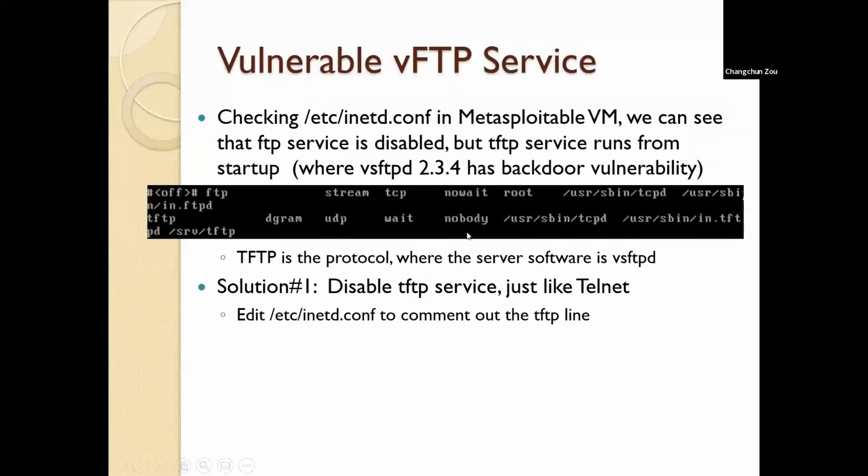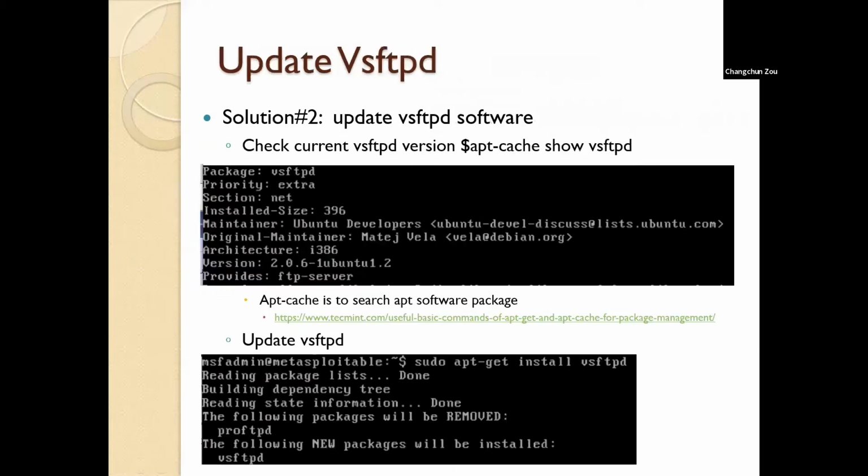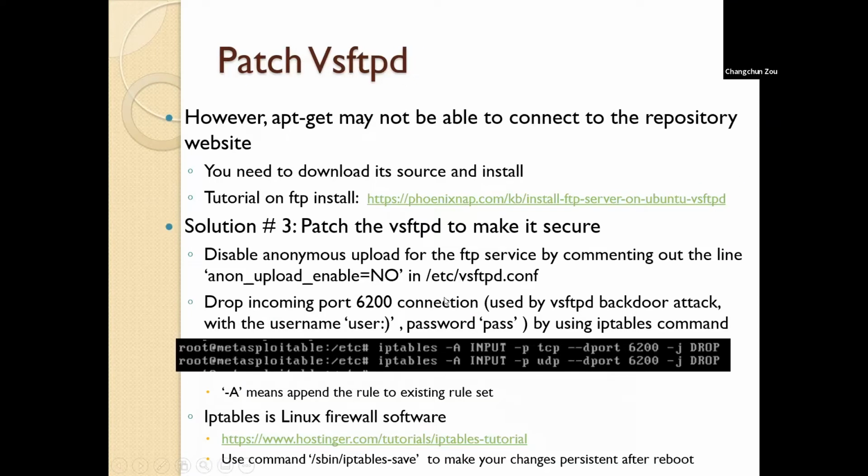So basically, the simple way is to comment out this vulnerable program, or you can update the software, or you can remove the software. Because with Metasploitable you cannot update, since its app store is not online.